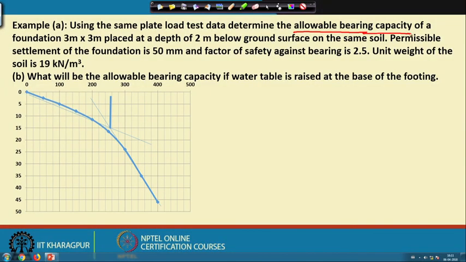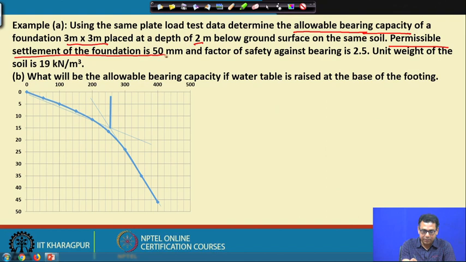But here the problem is that we have a square footing, again 3 cross 3, and depth of foundation is 2 meter, and the permissible settlement of the foundation is 50 millimeter, and factor of safety against bearing capacity is 2.5. Unit weight of the soil is 19 kilonewton per meter cube. So, now we have to calculate the allowable bearing capacity.